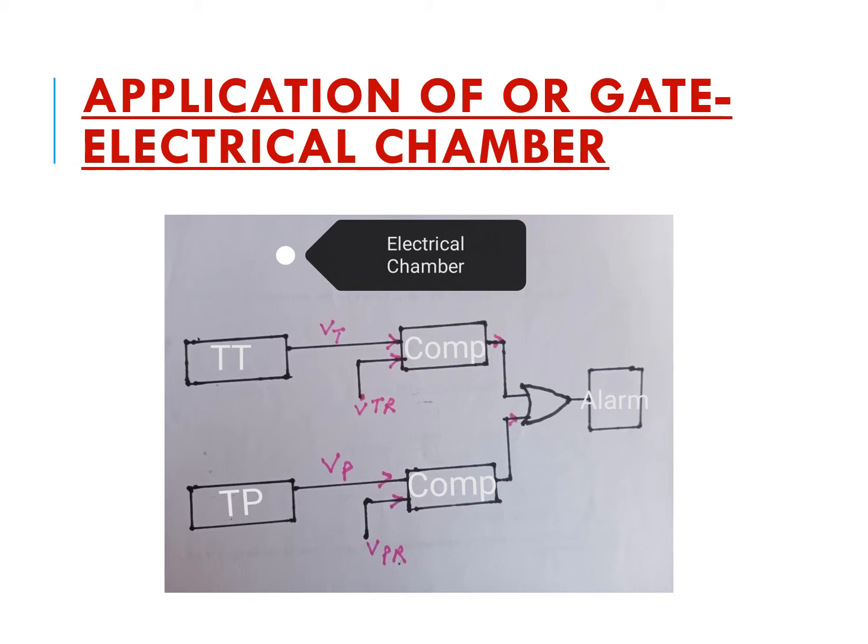Now this voltage Vt is being fed to a comparator, and you have studied comparators in electronics. They are designed with the help of an operational amplifier, and the famous operational amplifier 741 you must have studied during your electronics course. One voltage is the reference voltage VTR, and similarly Vp, the voltage corresponding to the pressure, is fed to the other comparator, and the reference voltage corresponding to the pressure is VPR.